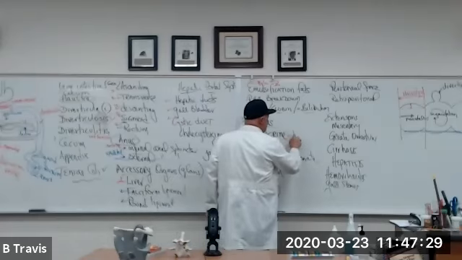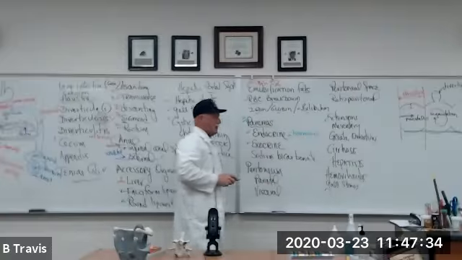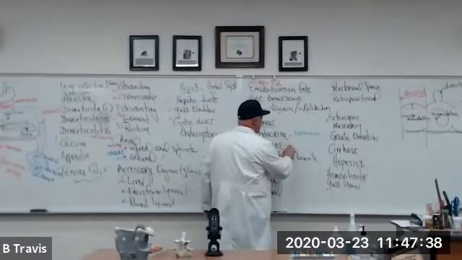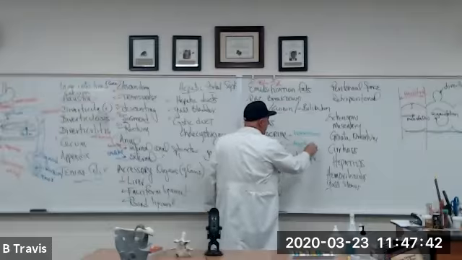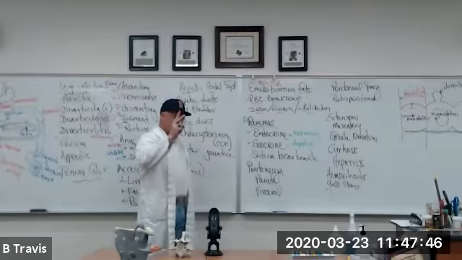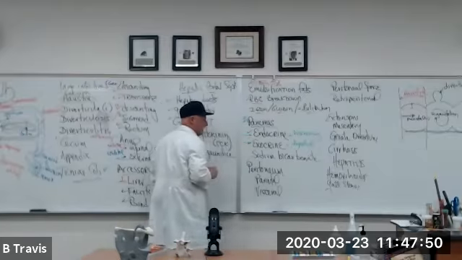Endocrine means it produces hormones. One common hormone that you're familiar with is insulin. And it's also exocrine, produces digestive enzymes. So the pancreas, two functions, endocrine, exocrine.